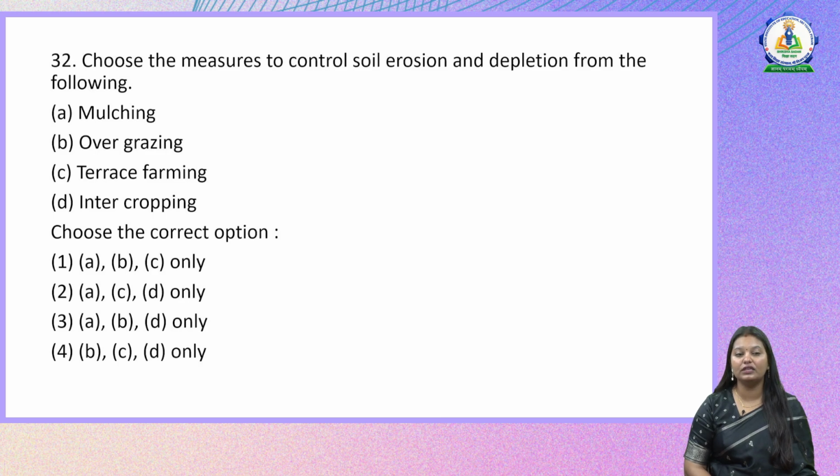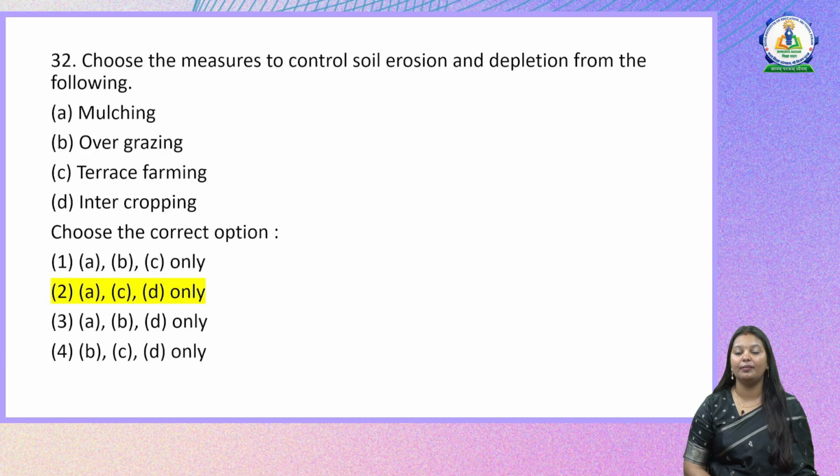As we all know, overgrazing is one of the reasons for soil erosion. So the right answer here will be A, C and D.